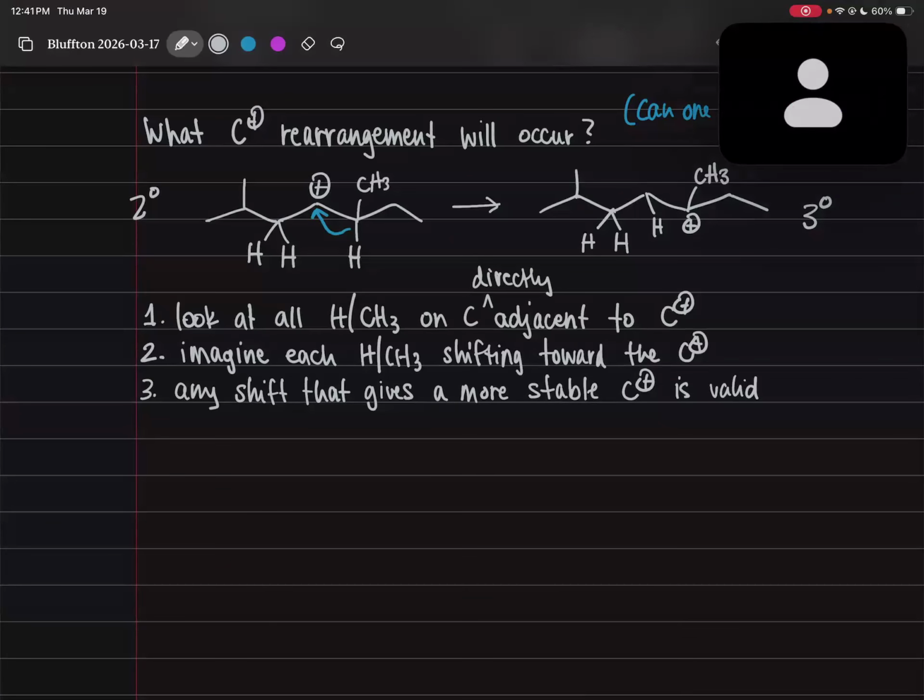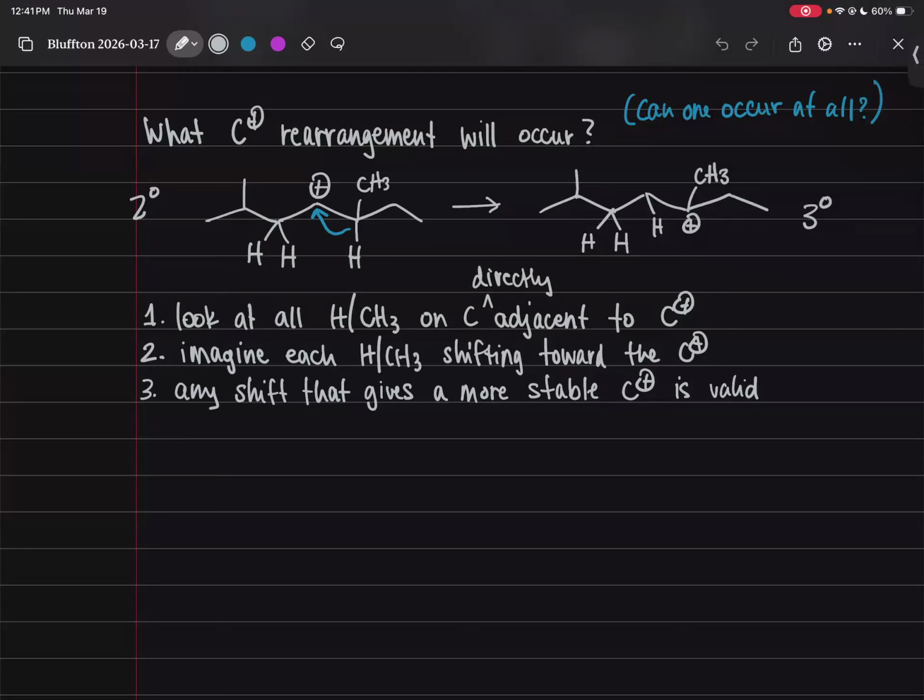Okay. Last time we left off talking about figuring out what carbocation rearrangement will occur, if any. And we saw that, in this example, we had three possible ways we could rearrange.